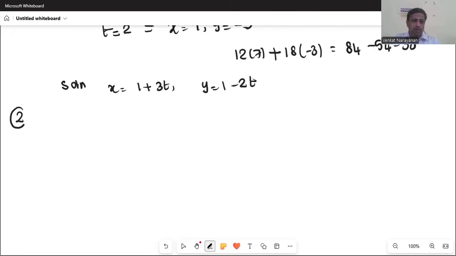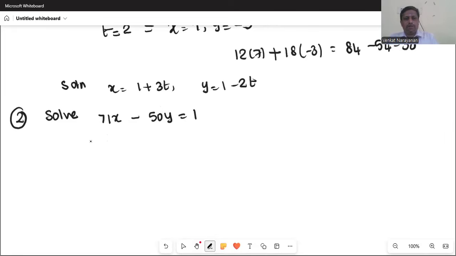Now we can choose another problem. Solve 71x minus 50y equal to 1.